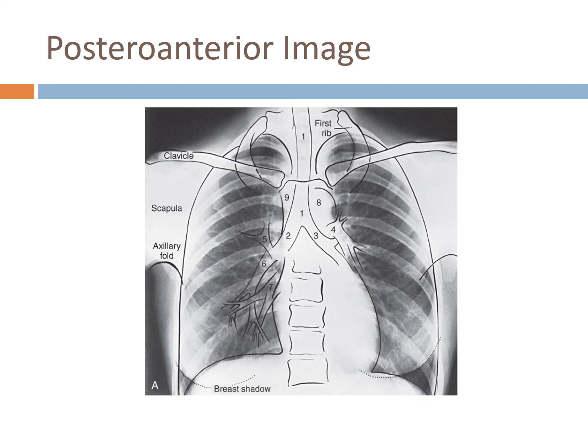So again, this is a posterior anterior projection of the chest, definitely showing the trachea as number 1, your right main stem as number 2, your left main stem number 3, your pulmonary artery number 4. Number 5 is showing your right interlobar artery.